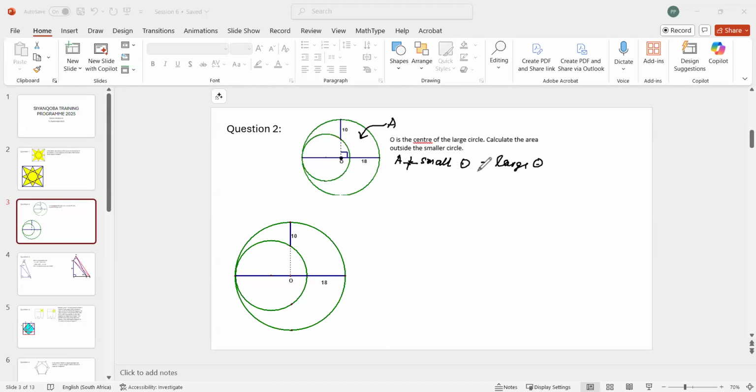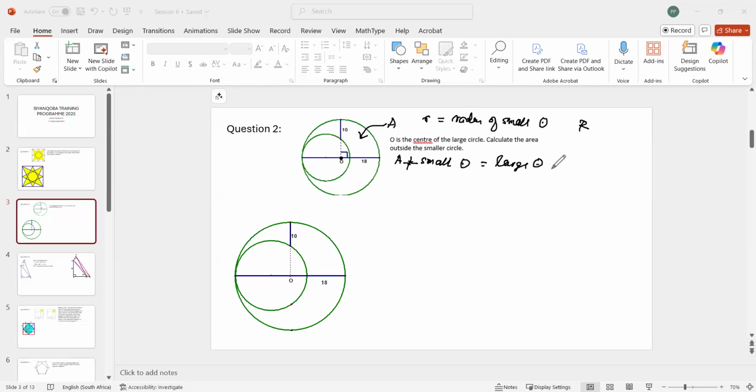So how do you find the area of a circle? It's pi r squared, where r is the radius. We need to give a name to the radius of the small circle, so we'll call it small r. And for the radius of the large circle, we'll call it capital R.